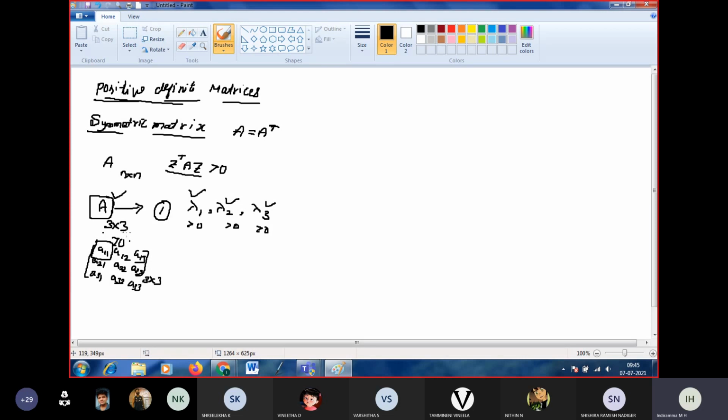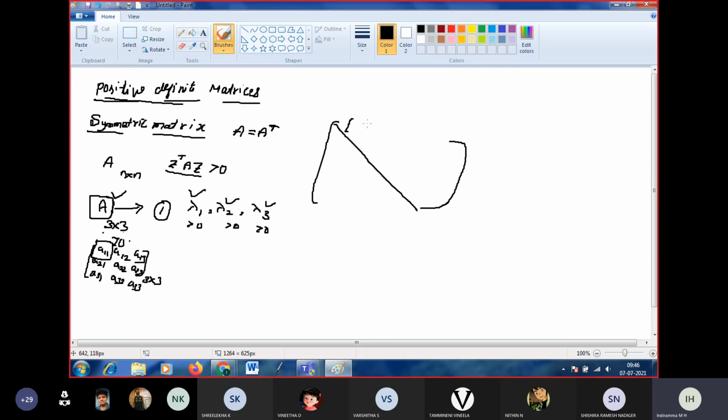Next, all the upper left submatrices must have positive determinants. Mainly these are the properties or tests we check to see whether the given matrix is positive definite or not. The upper left submatrices are the submatrices you have if you have a big matrix of higher order.